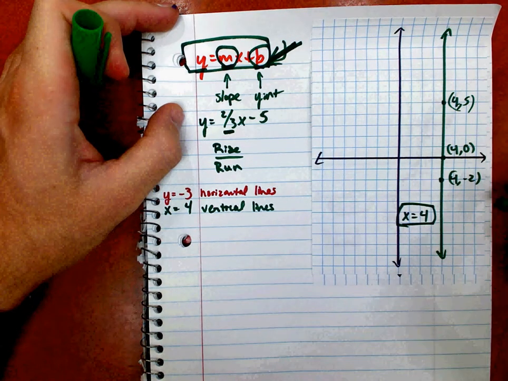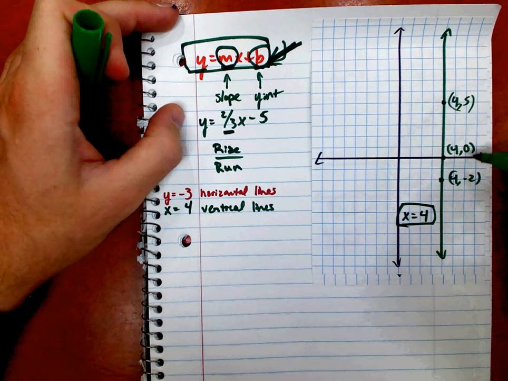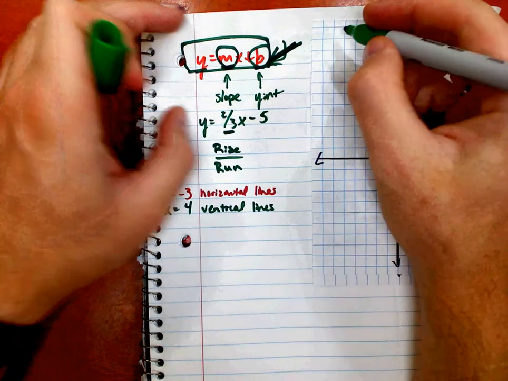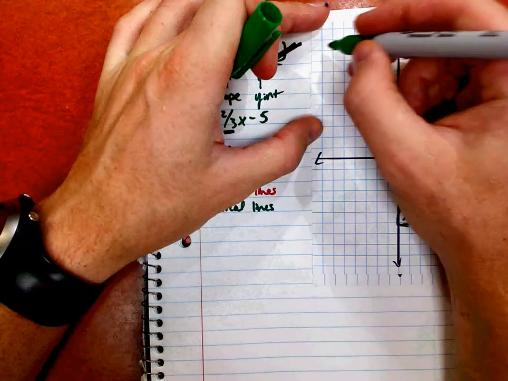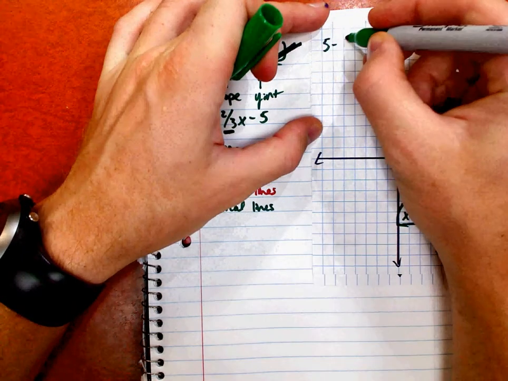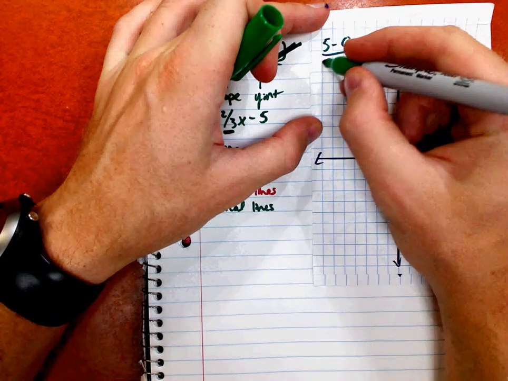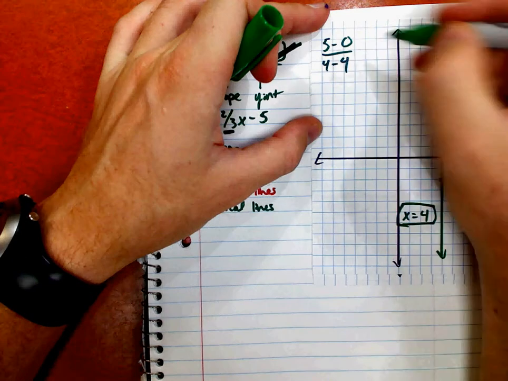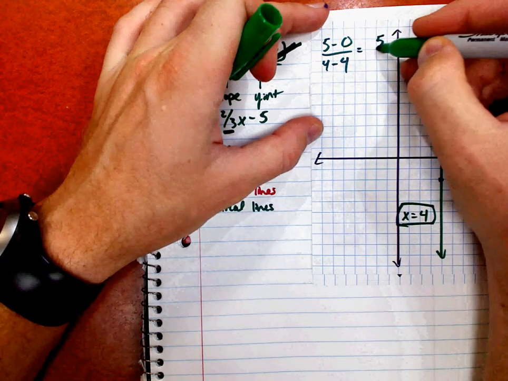Let's think for a moment about what the slope is. I'm going to choose 2 points on here. Let's say 4, 5, and 4, 0. When I go to find the rate of change, the difference in the y values is 5 minus 0. And the difference in the x values is 4 minus 4, leaving us with a rate of change of 5 over 0.